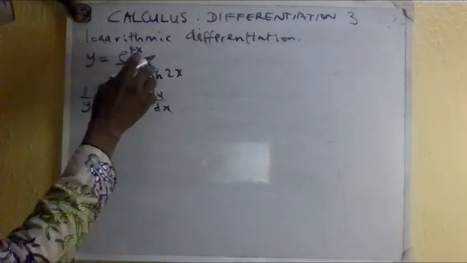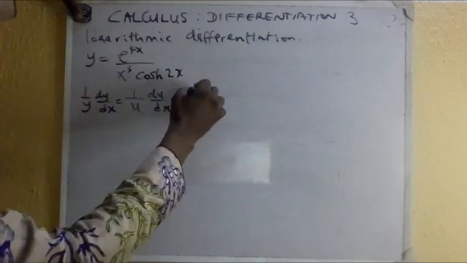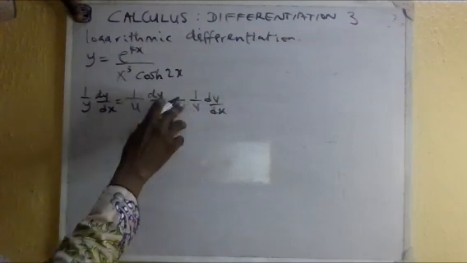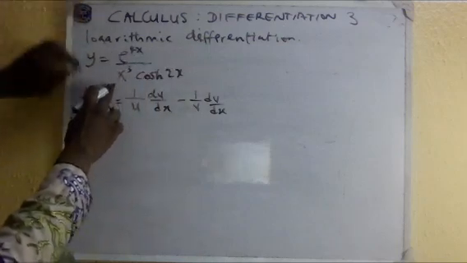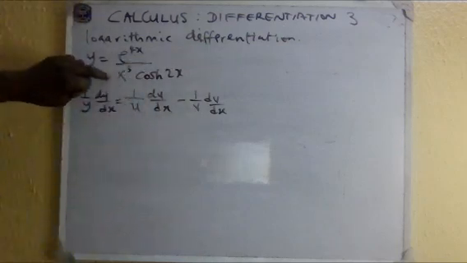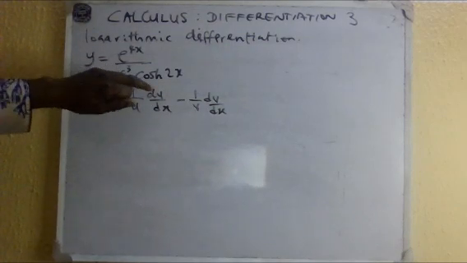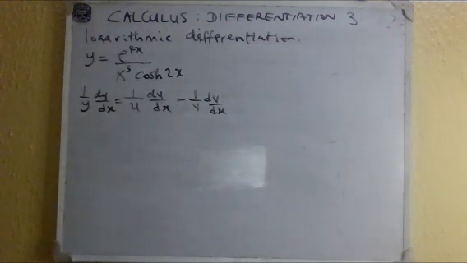Now I'm going to be having minus 1 over v dv/dx. Why am I having minus here? Because this one here is minus. Division is minus. If this one is minus, this one is also minus, because it's dividing.